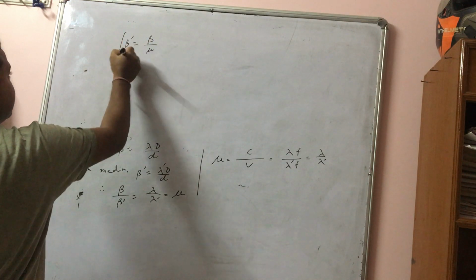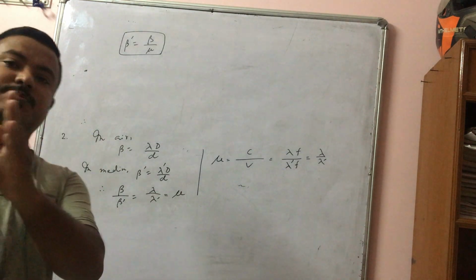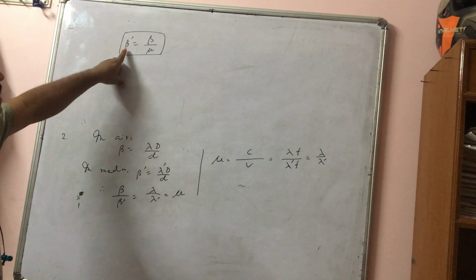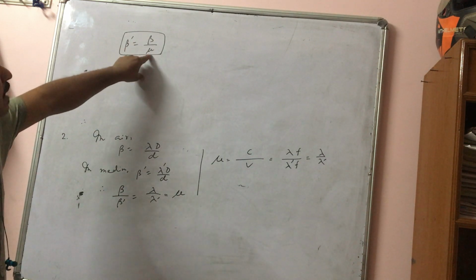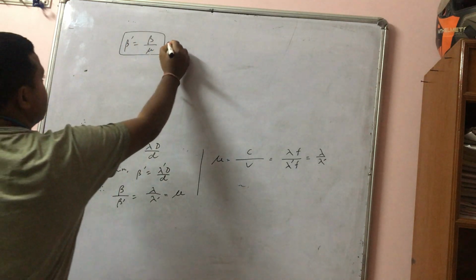This is one of the important results, okay? If the whole apparatus of the Young double slit experiment is immersed in a medium, then the fringe width becomes 1 by mu times, or it is decreased by a factor of mu. It is beta by mu. So this relation you have to remember, okay?